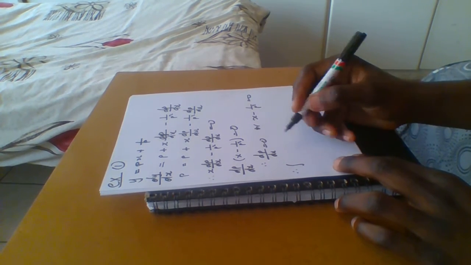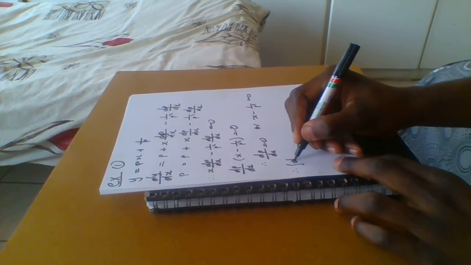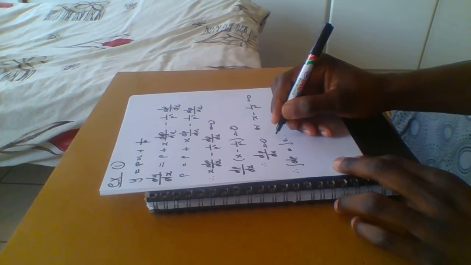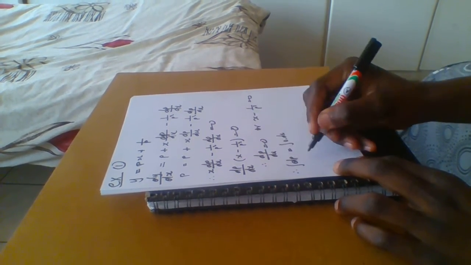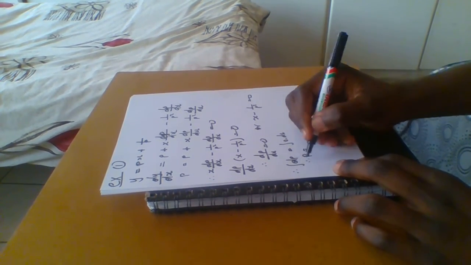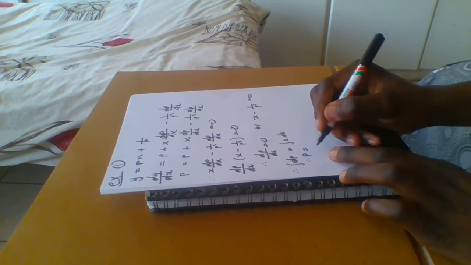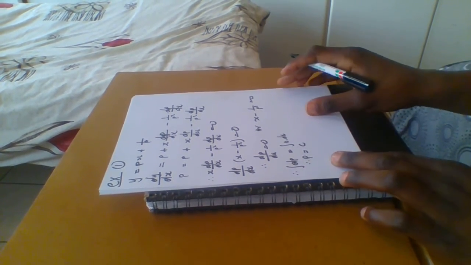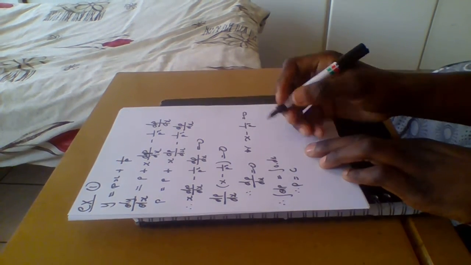We know that differential equation. So I will just say the integral of dp is equal to the integral of 0 dx. It means that I'm going to have p. When I integrate dp, I'm going to get p. When I integrate 0 with respect to x, I'm going to get C. It's a constant, don't forget that from S1.